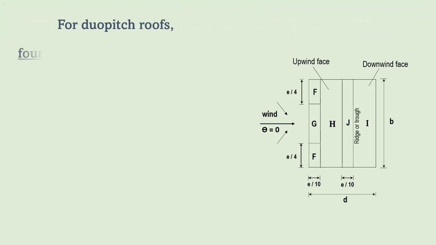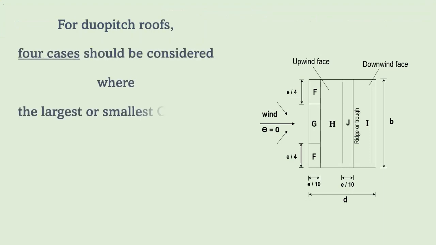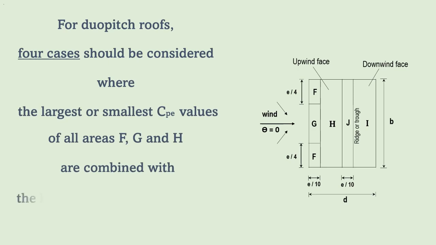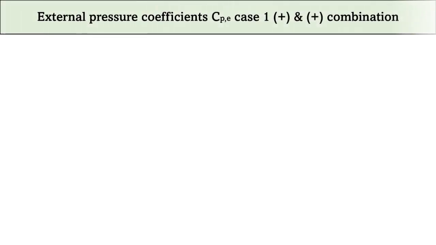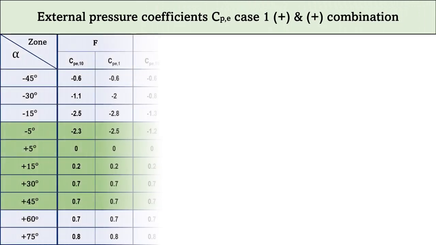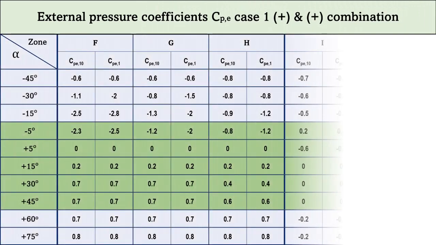For duopitch roofs, 4 cases should be considered where the largest or smallest Cpe values of all areas F, G, and H are combined with the largest or smallest Cpe values in areas I and J. Below is the external pressure coefficient Cpe for case 1, plus and plus combination.